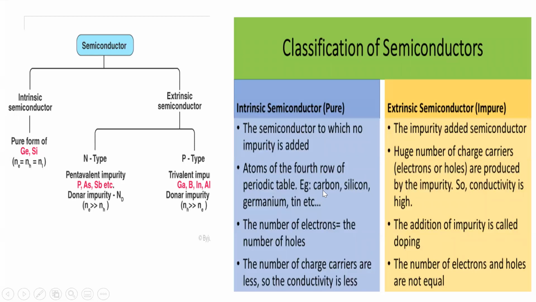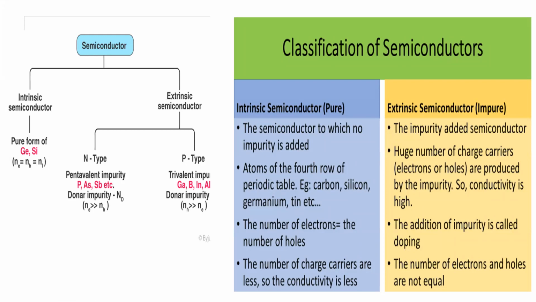All of them, carbon, silicon, germanium, tin, all of them have 4 electrons in their valence shell. This is the peculiarity. All of them lie in the fourth row of the periodic table. Carbon has 4 electrons in its outermost shell. Similarly, silicon has 4 electrons, germanium has 4 electrons, tin also has 4 electrons.